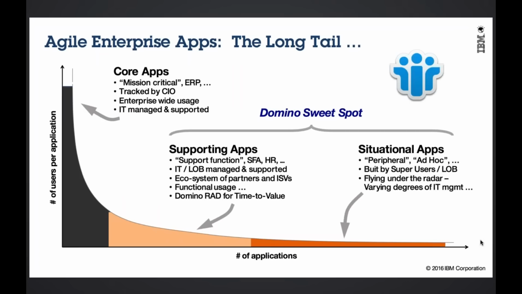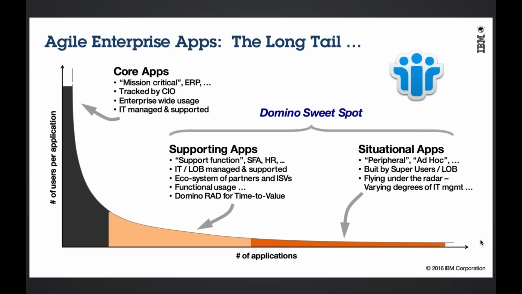Certainly this whole idea of core applications is changing as we're seeing companies born in the cloud that start in a different way, but they still have this spectrum of capabilities: there are some core things, and then there are a lot of ad hoc, situational applications, done by people doing smart things, writing a macro for your spreadsheet, creating a little notes application and tweaking something in Notes, which some people still do, to achieve a certain business purpose.